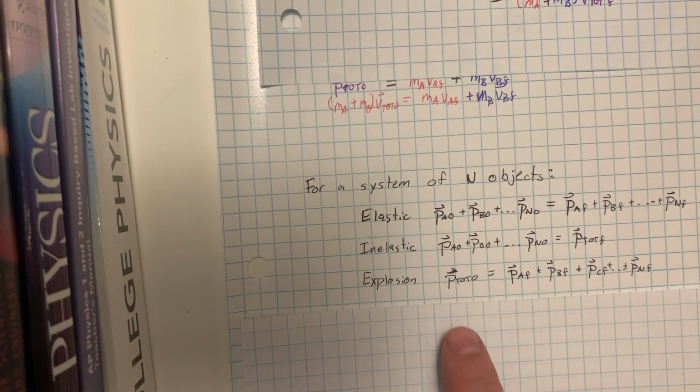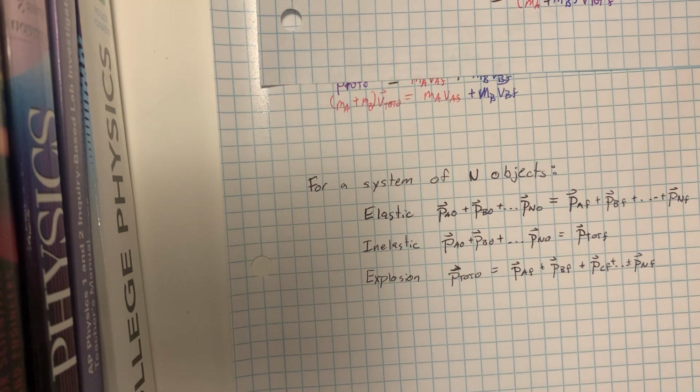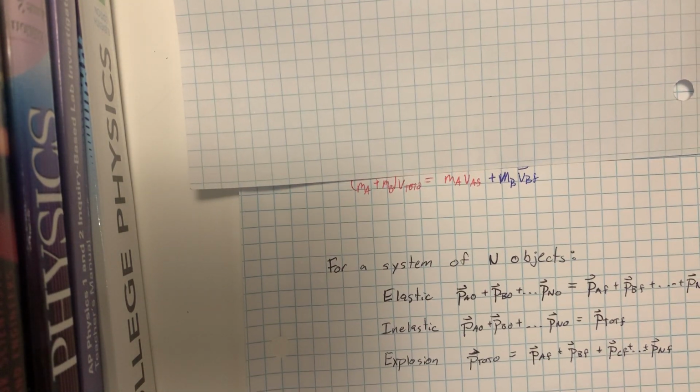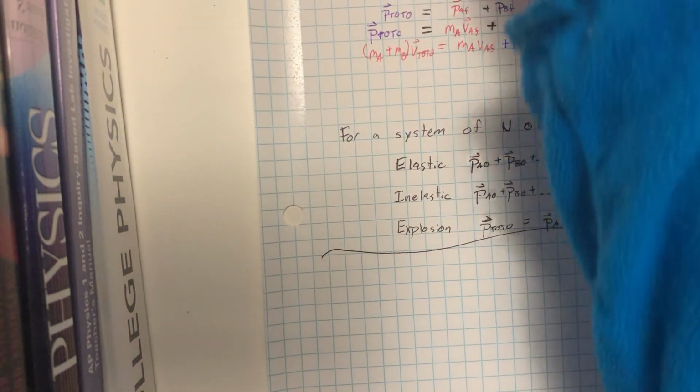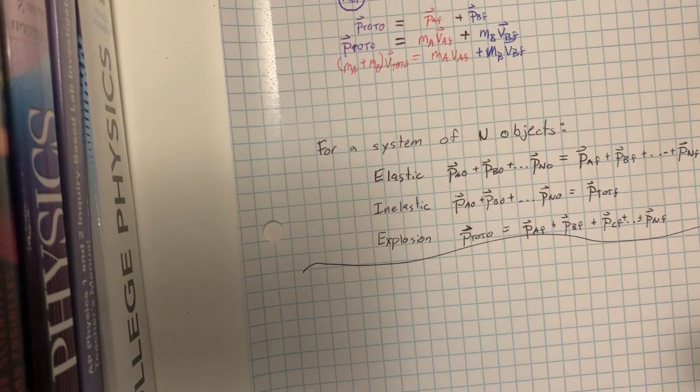If it was moving, then it would be whatever the initial momentum is. So that's basically where we're at. If we want to get a little further into how much physicists really believe in conservation of momentum.